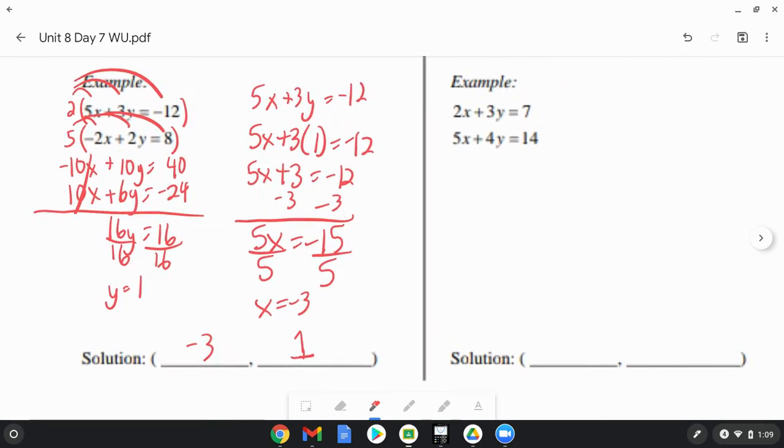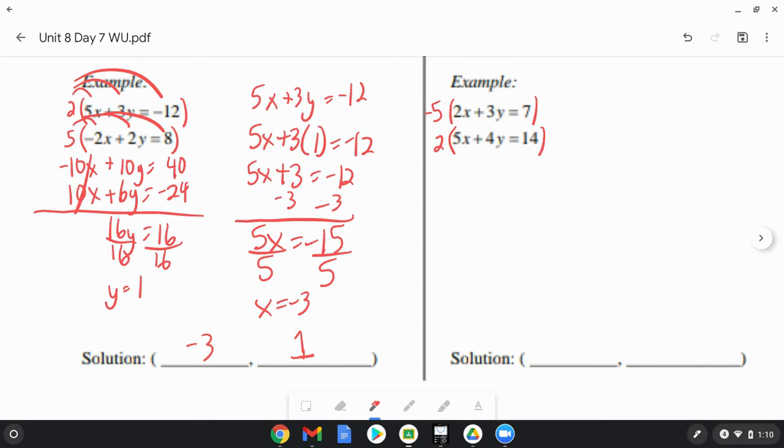For the second one, if we use that strategy that I talked about, taking the top number and multiplying it by the bottom, and the bottom number and multiplying it by the top, they would both be +10. So in order to make one of them a negative, you just got to choose. It doesn't matter if you choose the top or the bottom, to put a negative on the outside as well for the number that you're multiplying by.